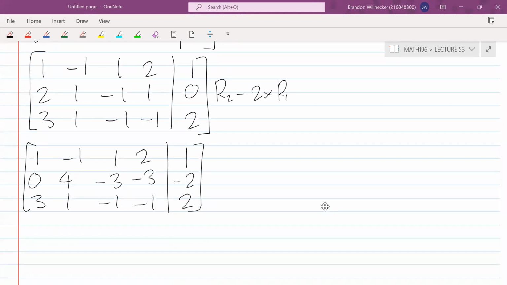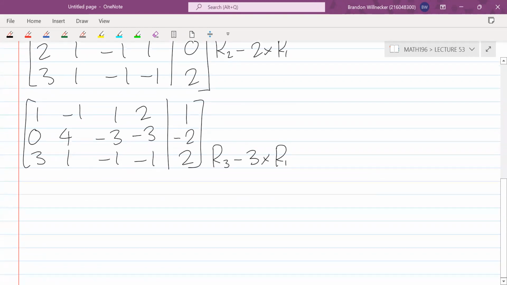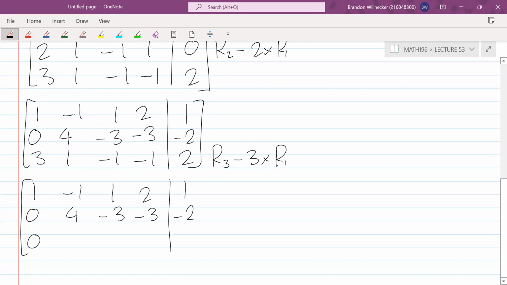Okay, now we need the 3 to become a 0. So we're going to take row 3 minus 3 times row 1. Okay, so let's do that. So the first two rows stay the same. So 1, minus 1, 1, 2, and 1. 0, 4, minus 3, minus 3, minus 2. 3 minus 3, that's 0. 1 plus 3, that's going to be 4.